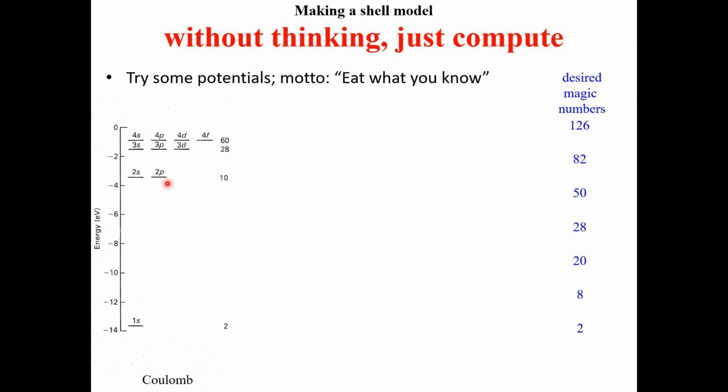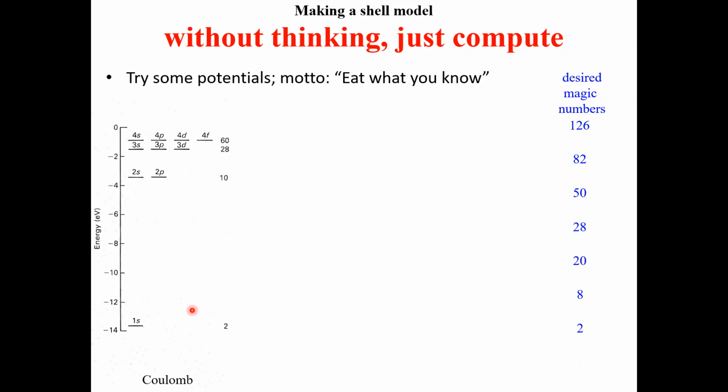The first step is applying the Coulomb potential. We plot the energy versus the Coulomb potential, putting the numbers of nucleons in the different shells, just like we have for the electrons. We apply the same for the nucleons inside the nucleus.